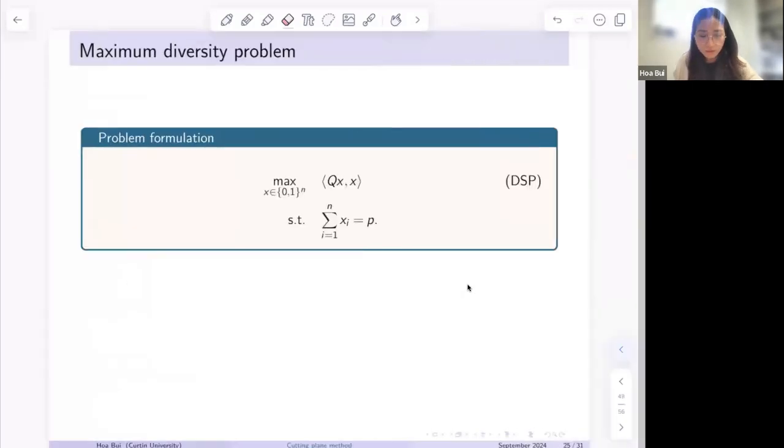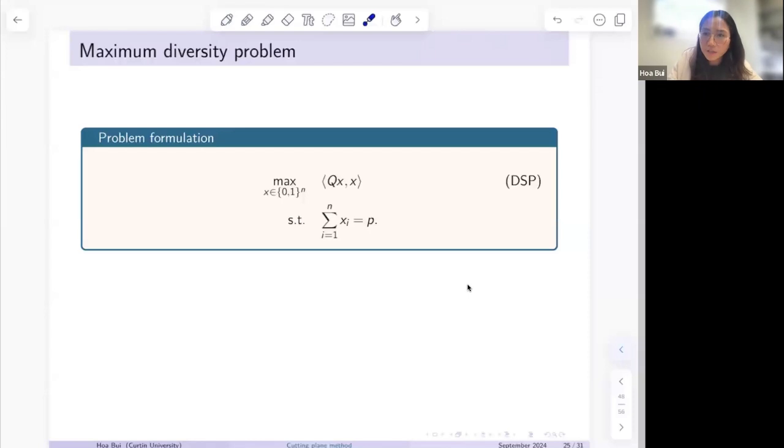So the next one is the maximum diversity problem, where instead of having a capacity constraint, we have a cardinality constraint. For this problem, we have one advantage: the equality constraint, meaning that the function is embedded into an n-1 subspace.